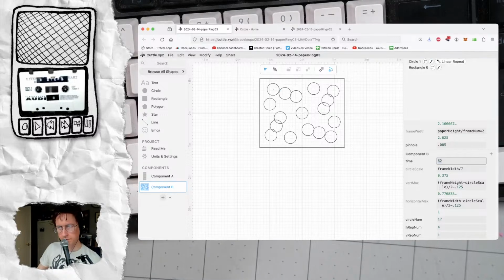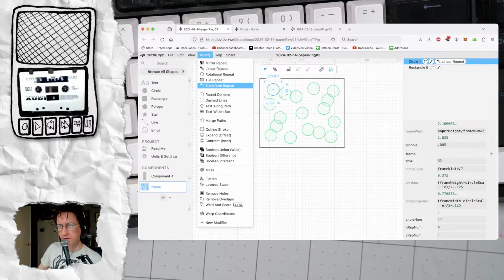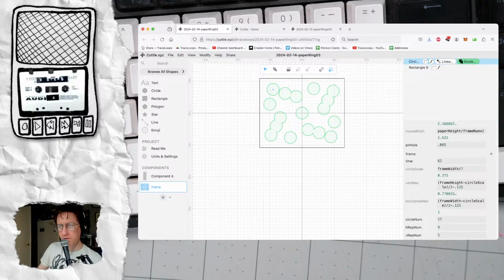Okay, but that works. I'm going to name this frame. Now let's come in here, modify, have a union on that, and let me just look to see if there's any glaring issues.